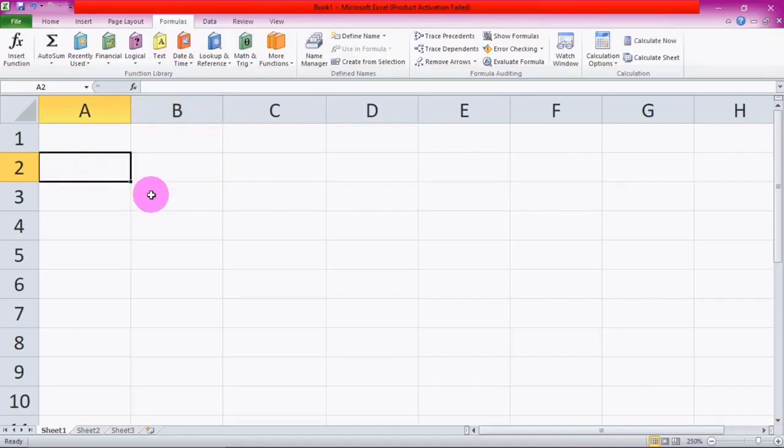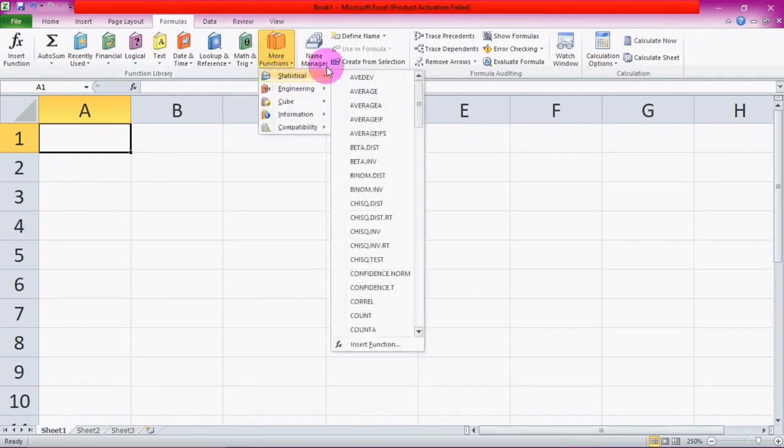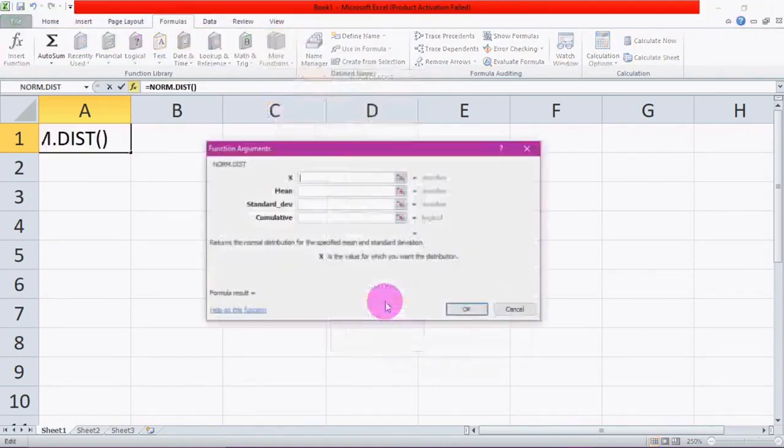So from Microsoft Excel, we can use formulas, click more functions, then statistical, and then look for normal distribution. That is norm.dist, short for normal distribution. From normal distribution, we have to input four values here. The value of x.